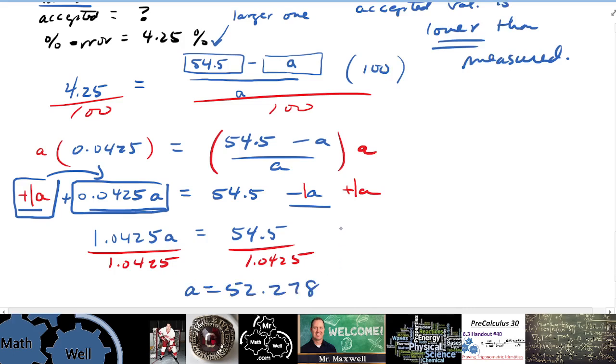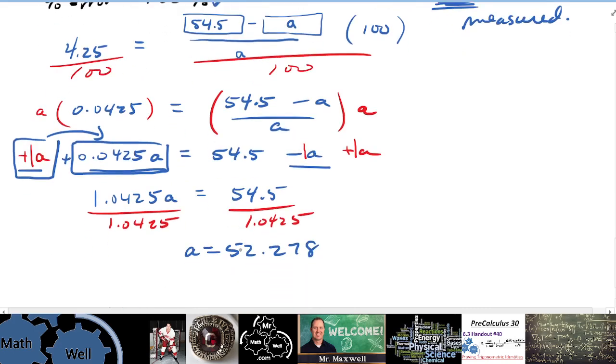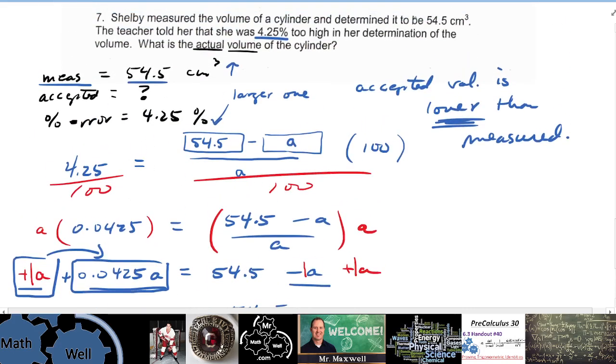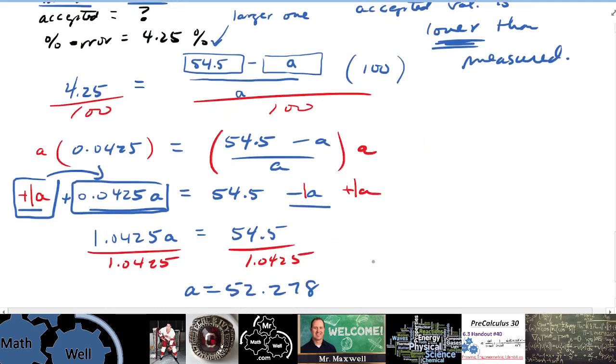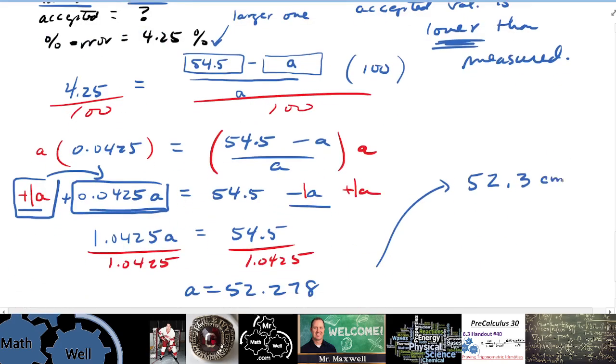Now I've got to take a look at my sig figs, and I have to make sure that this accepted value is lower than the measured. Here's the measured, 54.5. Okay, real good. Three sig figs. So my answer then is going to be 52.3, and what was the unit again? Centimeters cubed. Okay, for the accepted value.